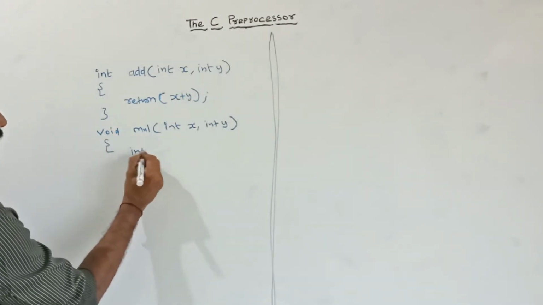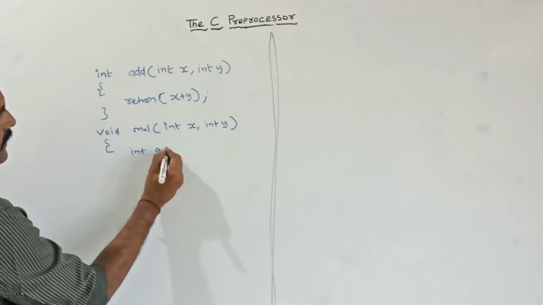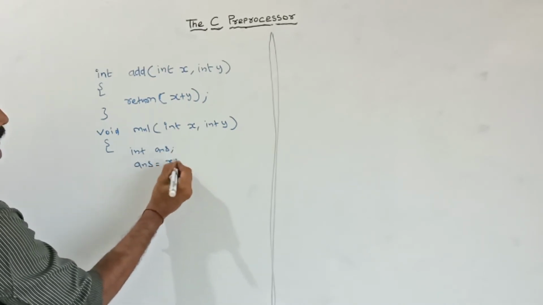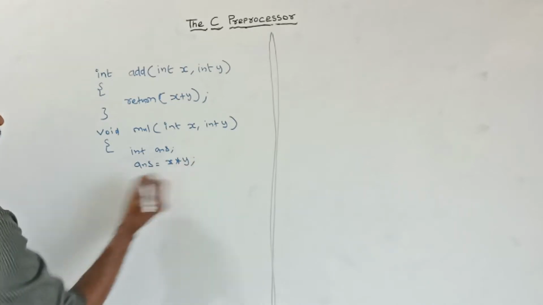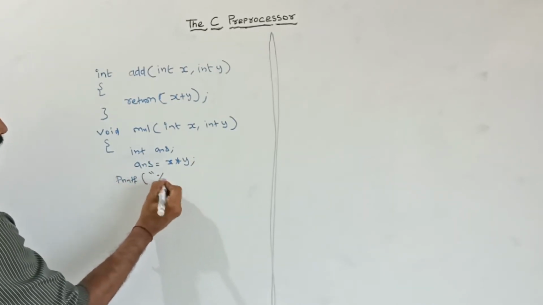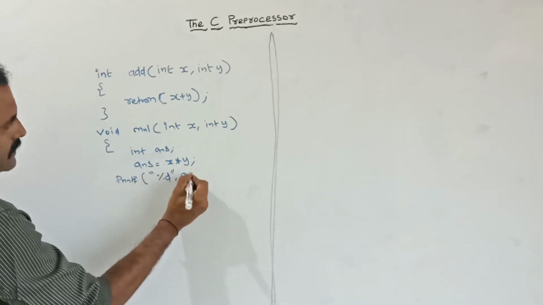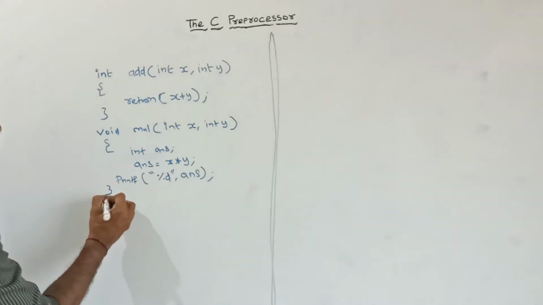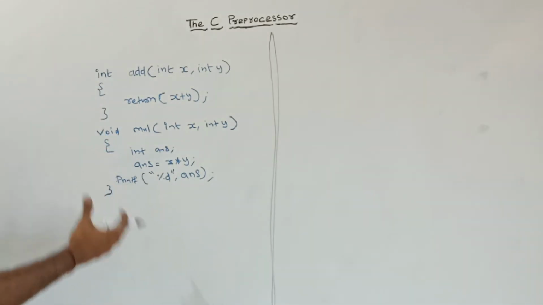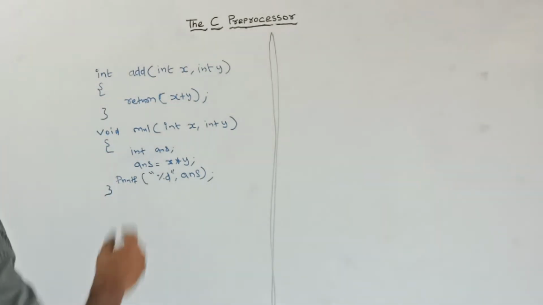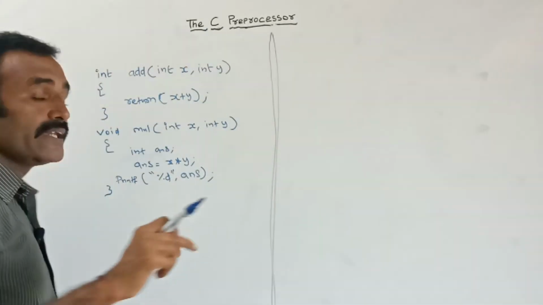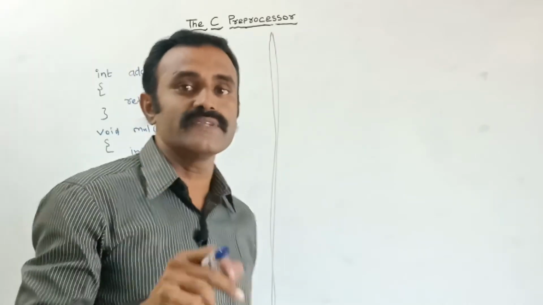You declare integer ans, then ans is equal to x into y. Next printf, where you print the ans. So in total there are two functions: the first function with a return type, the second function without a return type. This is the code. After creating this code in the editor, now I need to save this file.